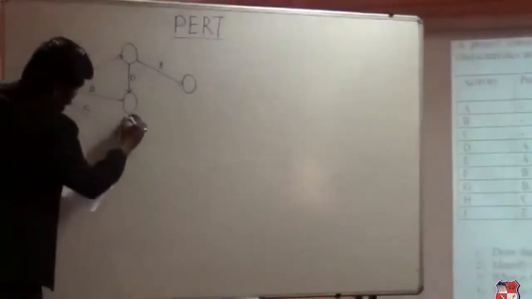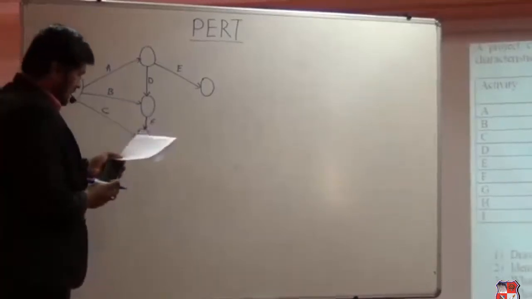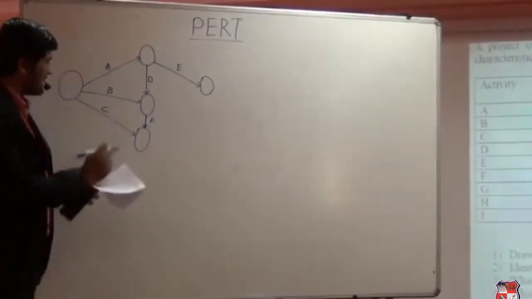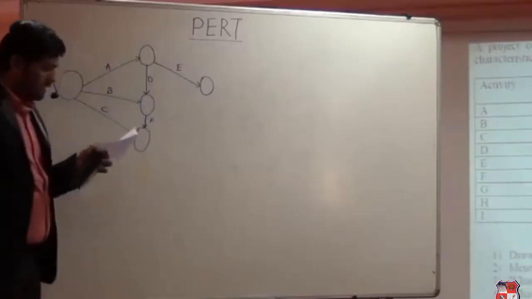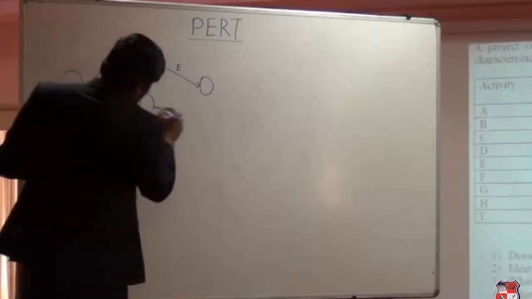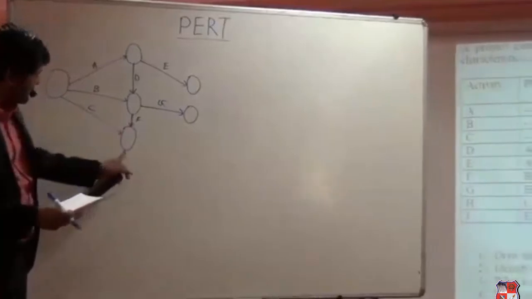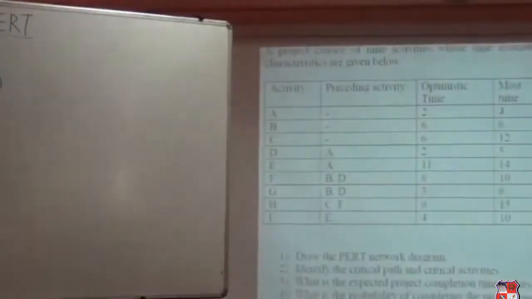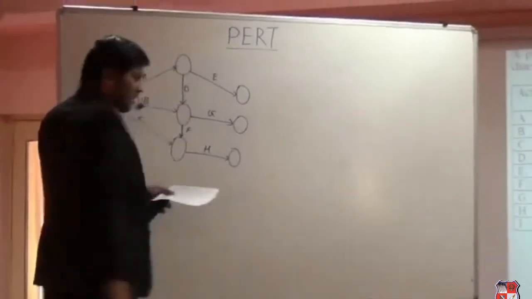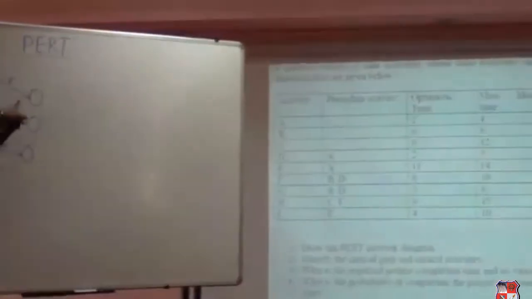From B we are having another activity, known as F. And another activity from the place where B and D are together is activity G. Lastly, from the place where C and F are together, we are having activity H. So we'll draw an arrow for activity H, and the last activity, from E, is activity I.